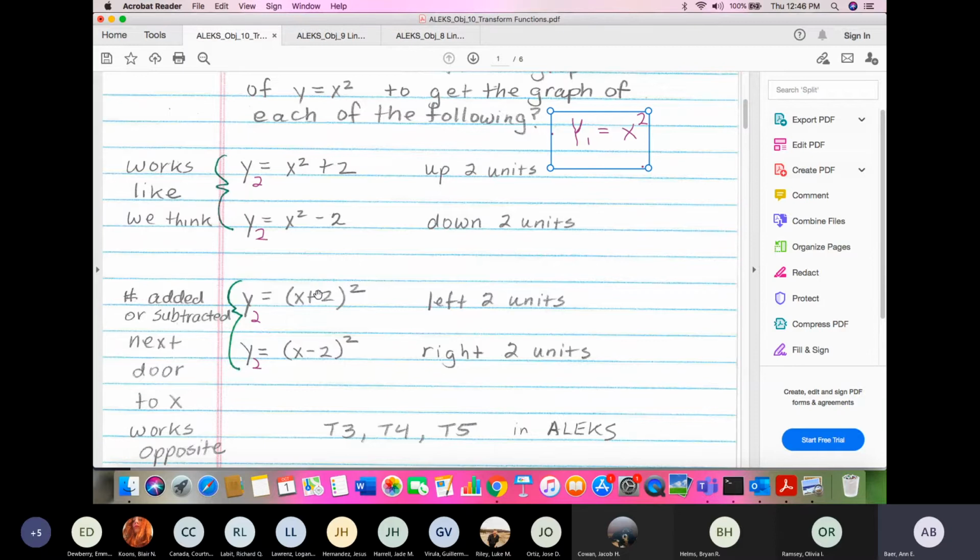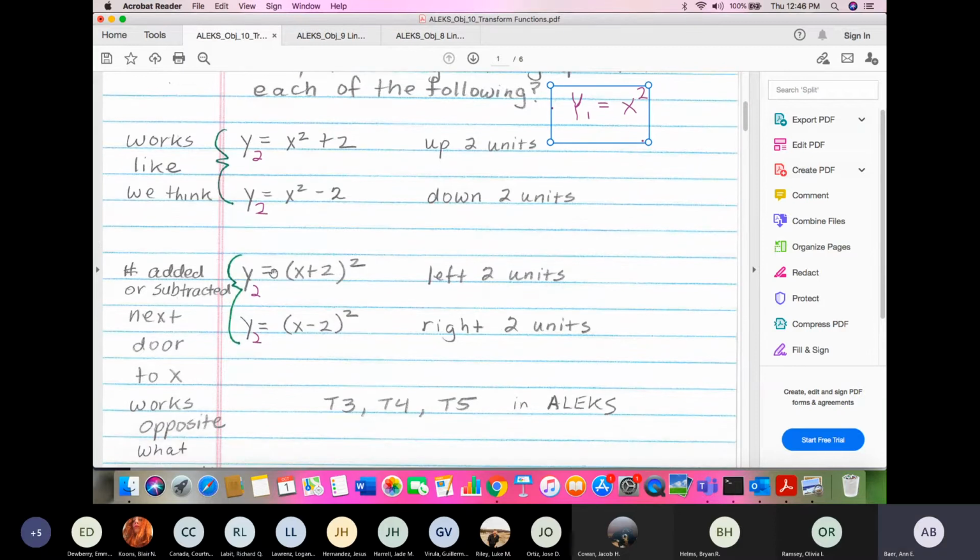So let's take a look at these now. Let's go back to y equals and look at this one right here. Let's definitely keep the x squared, our parent function, and in y2, type this in. I'm going to clear first, otherwise I get confused sometimes if I see more numbers there. (x plus 2) squared.